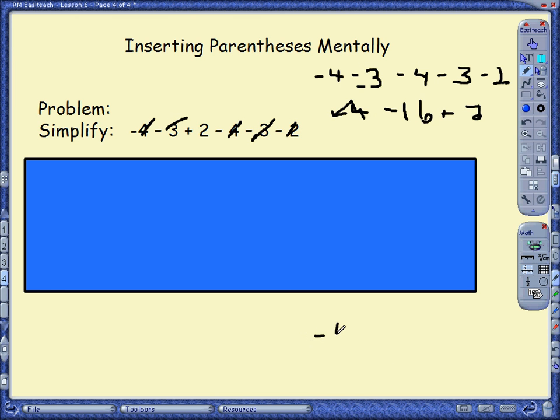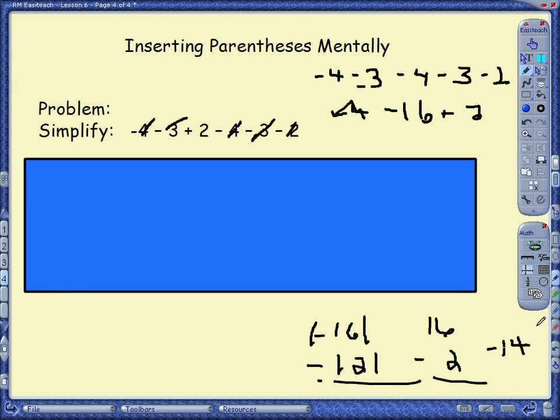The absolute values, remember, are going to be subtracted. This is going to give us 16 minus 2 is 14, and our answer then is going to be negative 14 because the bigger number was negative.